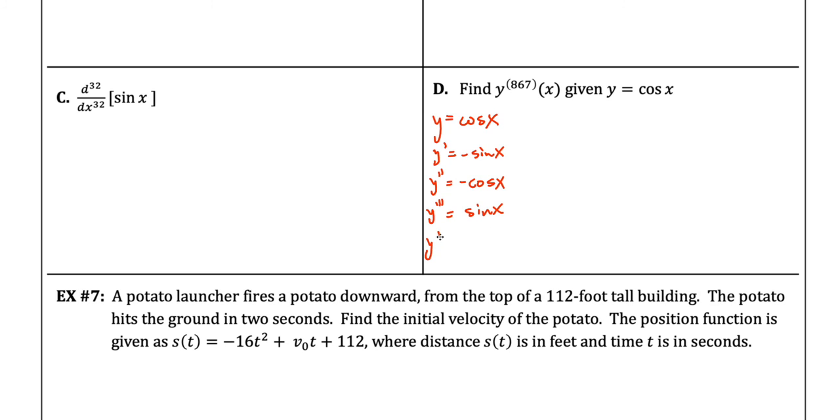Fourth derivative, I'm just going to write 4. Now we're back to cosine. So I can see that these 4 will keep repeating. So 4, 5, 6, and 7 are going to be the next cycle.